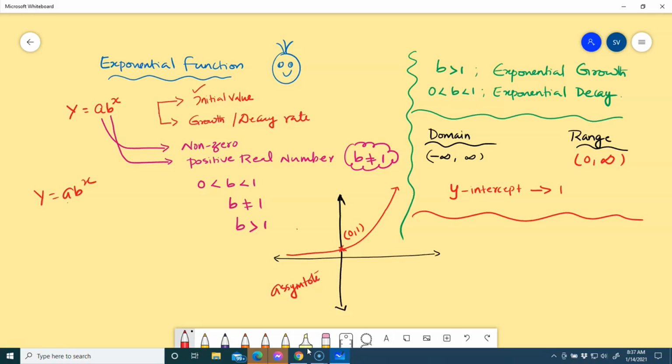Let me explain a situation. I can start with a very common situation. Say for example, I have two companies, company A and company B. Company A and company B are planning to expand their number of stores.